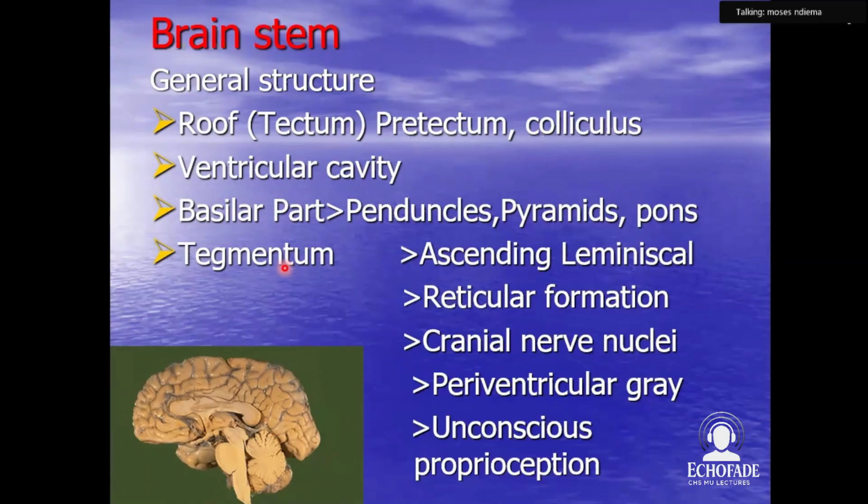We shall have 12 cranial nerves, and these 12 cranial nerves can be divided into four. The first and the second are only associated with the brainstem but don't originate from the brainstem.